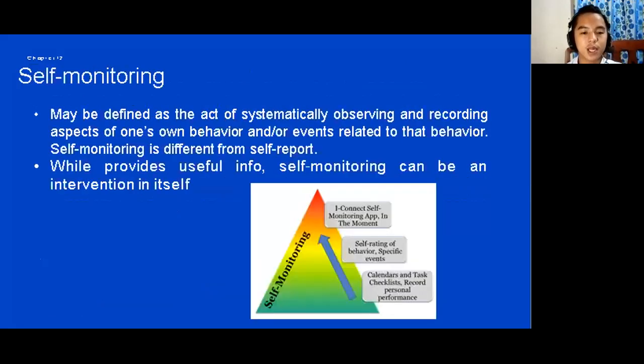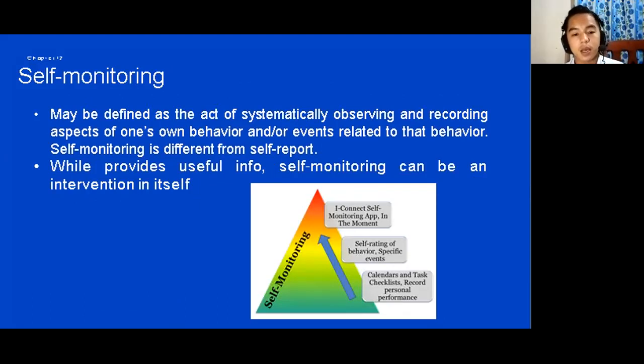So the next variety of behavioral assessment is self-monitoring. Self-monitoring may be defined as the act of systematically observing and recording aspects of one's own behavior and/or events related to the behavior. Self-monitoring is different from self-report.